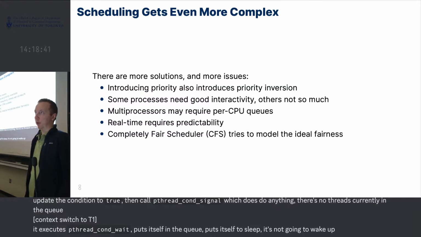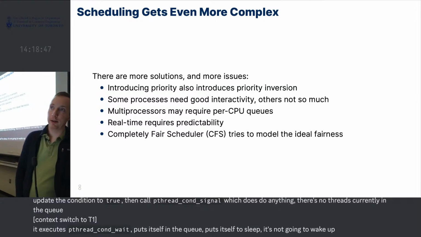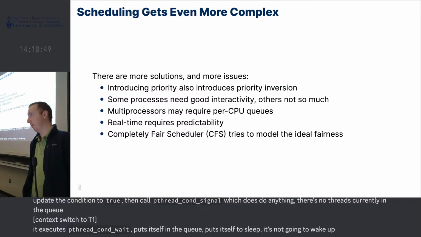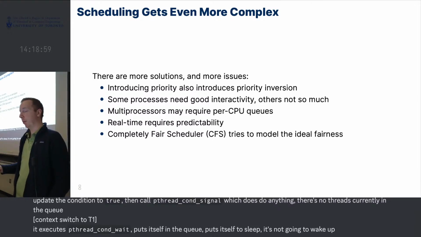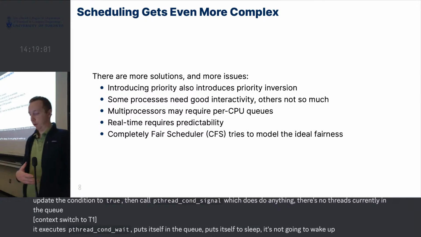So you could introduce priority, but then we have the problem of priority inversion, where a low priority process depends on a high priority process. So that low priority process should technically temporarily be a high priority process to remove that bottleneck.